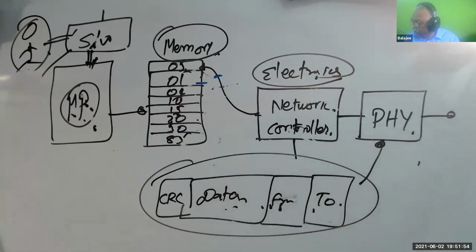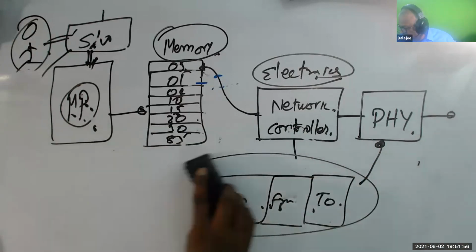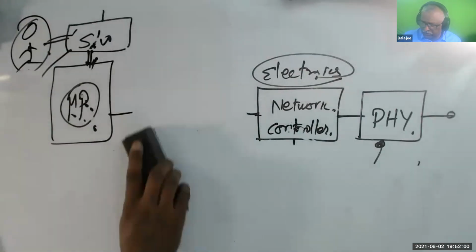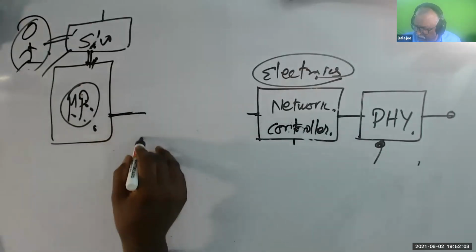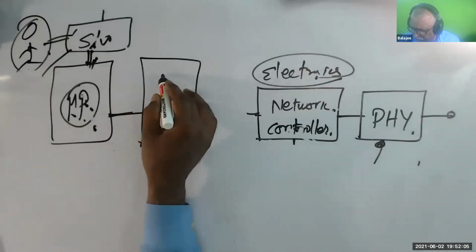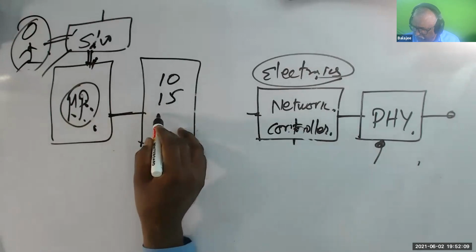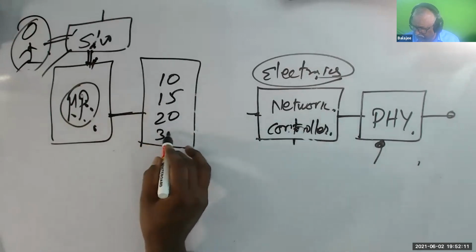But see the difference here. Understand one thing very clearly. This microprocessor is giving data. I want to transmit data 10, 15, 20, 30.